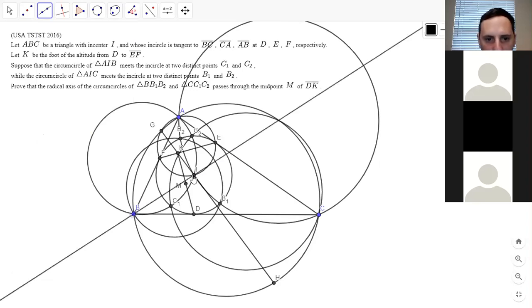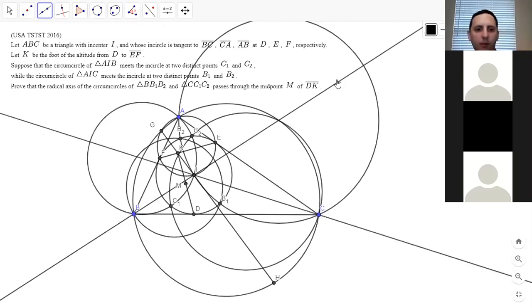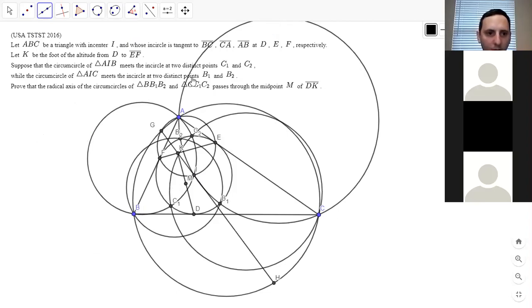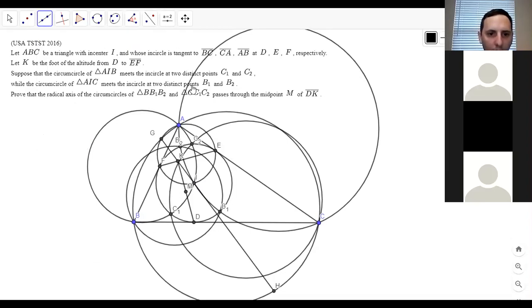Well, I'm not sure about that actually. Yeah, no, it doesn't pass through that point. I think I found something which I didn't prove. Add the midpoint of EF. The midpoint of EF. All right.